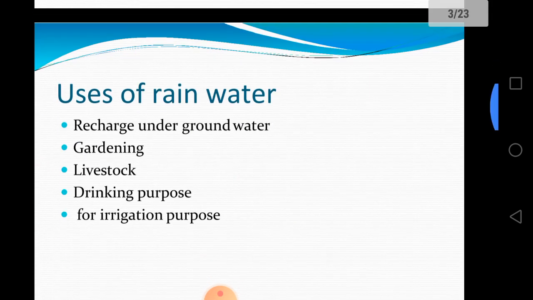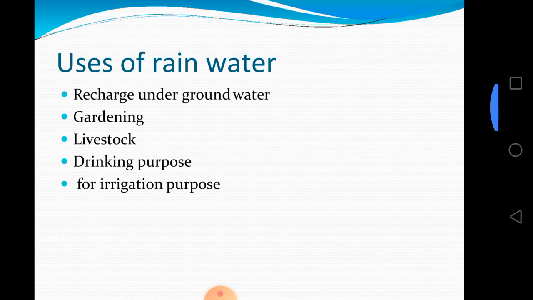Next, uses of rainwater: recharge of groundwater. We can make groundwater recharge and increase the groundwater table, and that we can also use.